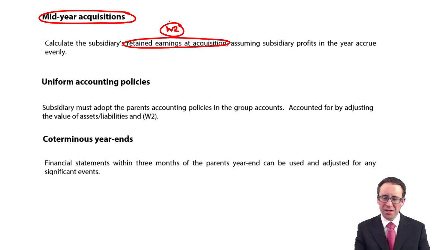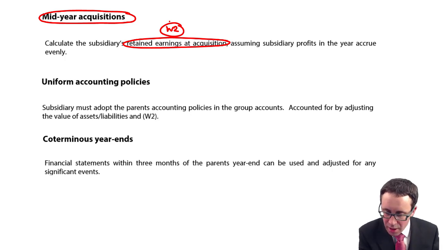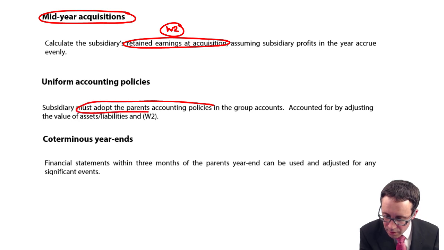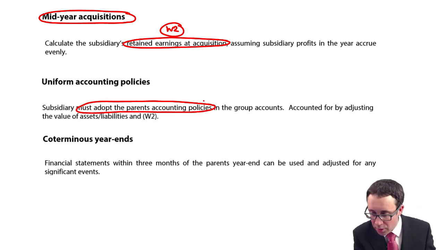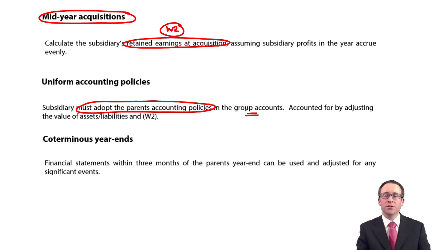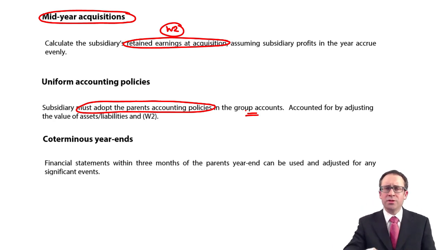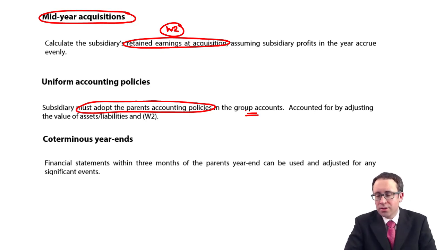Uniform accounting policies, I'm not really too worried about that. Again, it's just a small housekeeping point. S must adopt the parent's accounting policies, but note that's in the group accounts. It's in the group accounts where we need to make the adjustment. The subsidiary doesn't need to physically change its accounting policies in the individual accounts, but there must be an adjustment when we consolidate it.